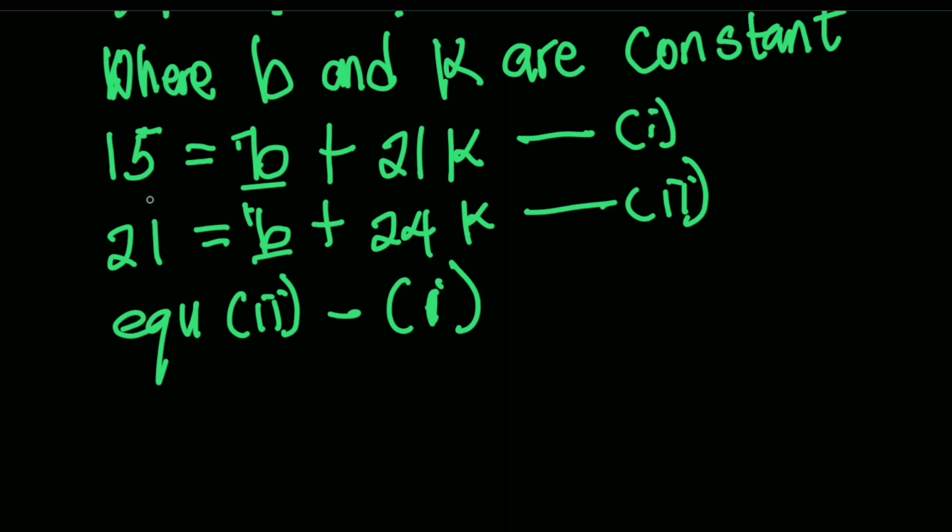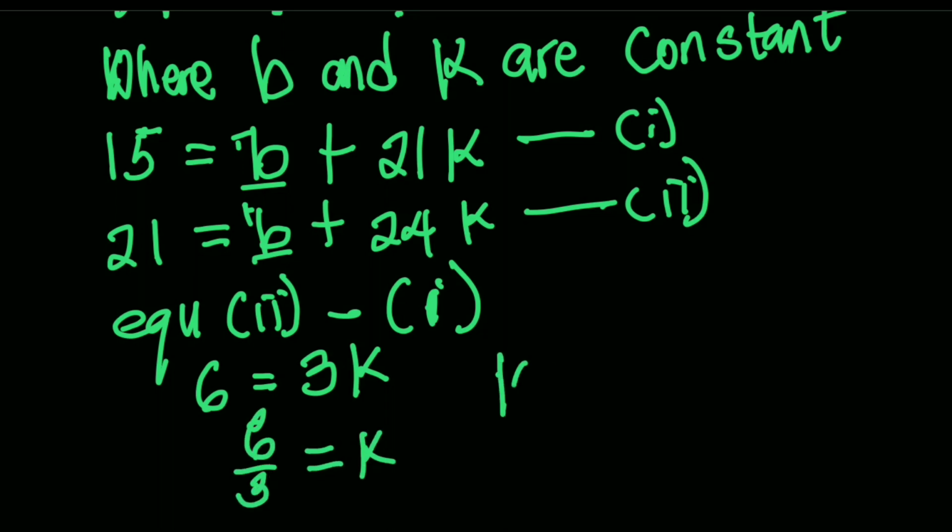So 21 minus 15, that's 6, equals B minus B, that's 0, plus 24K minus 21K, that is 3K. And so the coefficient of K is 3, and we have 6 divided by 3 equals K, and the value of K equals 2.